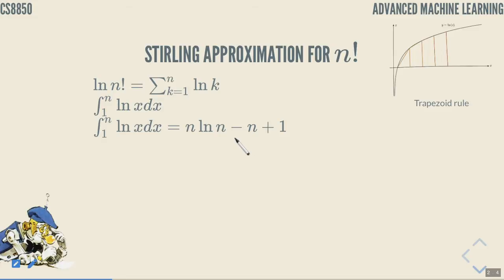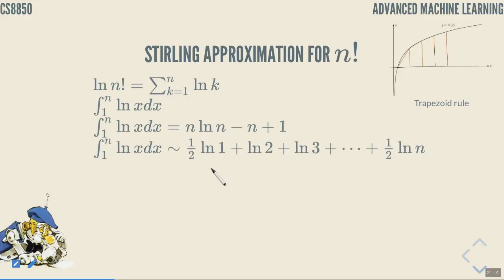Now let's look at this integral differently. Let's try integrating it numerically, using the trapezoid rule. The trapezoid rule goes like that. This is a trapezoid, and we know, or you can quickly derive, that the area is a plus b divided by 2 times h.